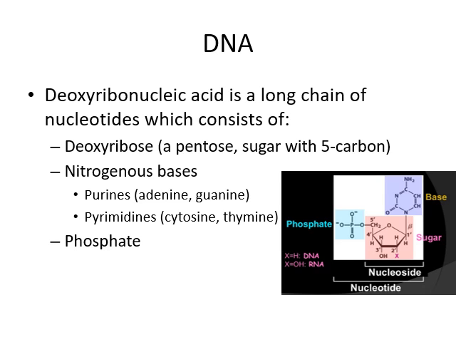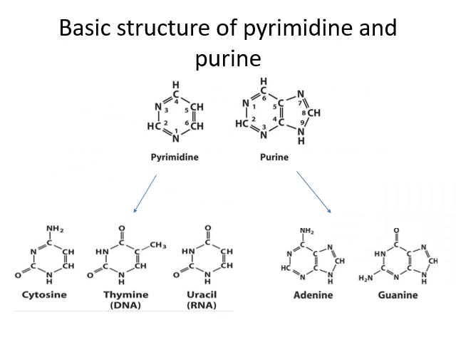And DNA also contains a phosphate group, phosphate here. The nitrogenous base of DNA is either pyrimidine or purine. You can have a look at the structure here.